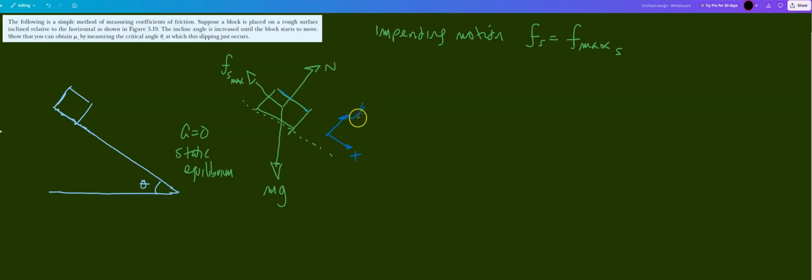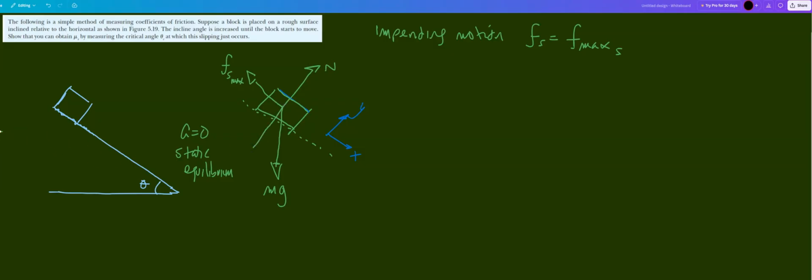By doing this, notice that instead of having to decompose friction and the normal, now we only have to decompose the weight. I will decompose this vertical force, and I'm going to use one force.